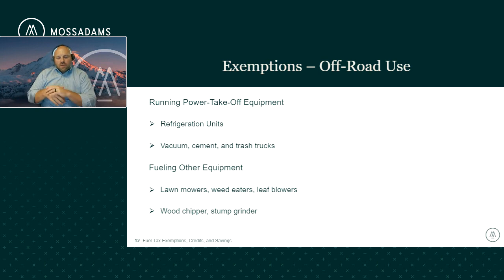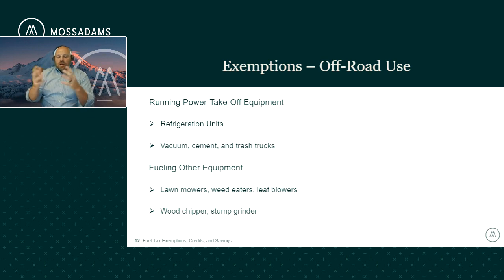The issue you run into with all of these, and this is where I've helped clients work through this stuff, is the tracking. How do I know how much fuel did I use for off-road purposes versus propelling the vehicle down the road? And a couple of thoughts or ideas or things that we've looked at with clients.